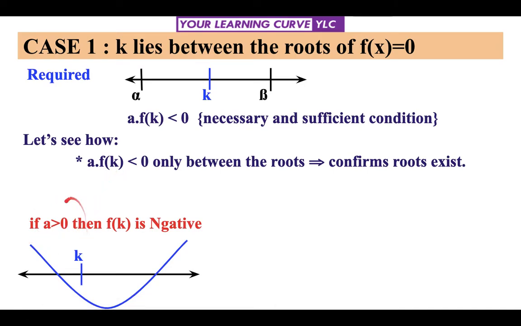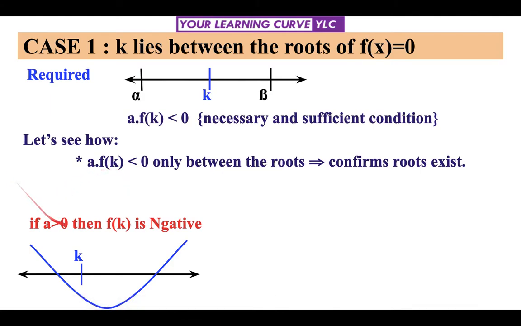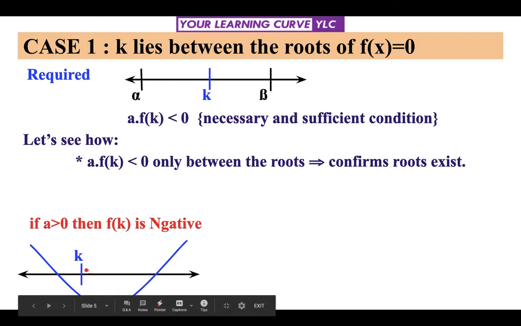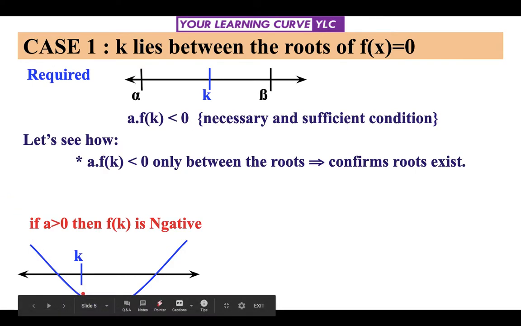If a is positive, since this product is negative, f(k) has to be negative. So this graph is an upwards parabola and it has to attain a negative value at f(k), means at k the function is attaining a negative value.